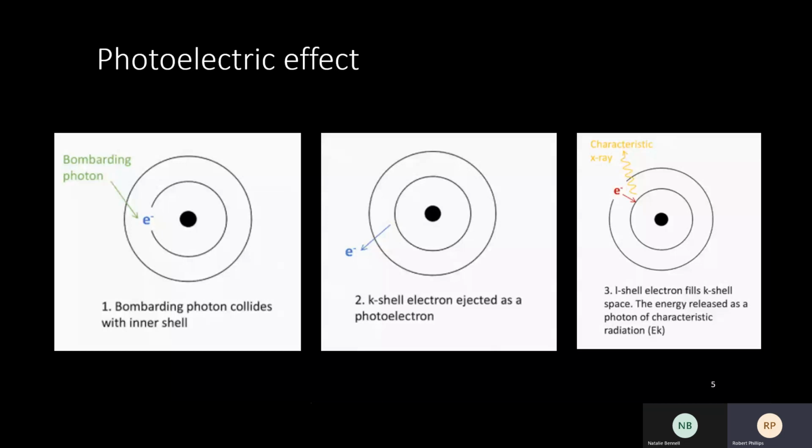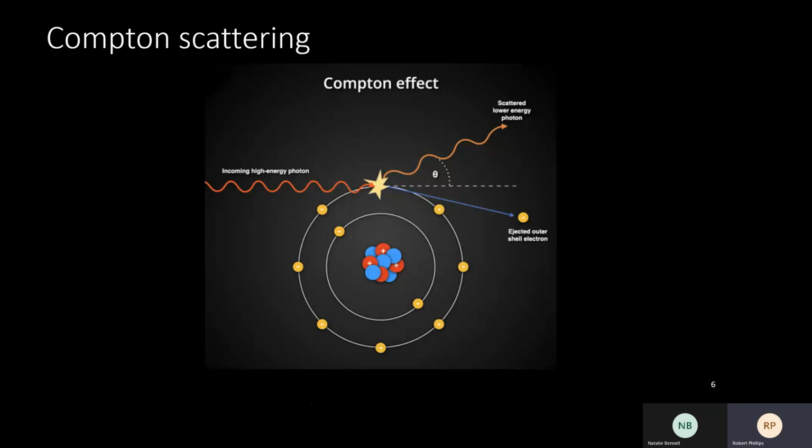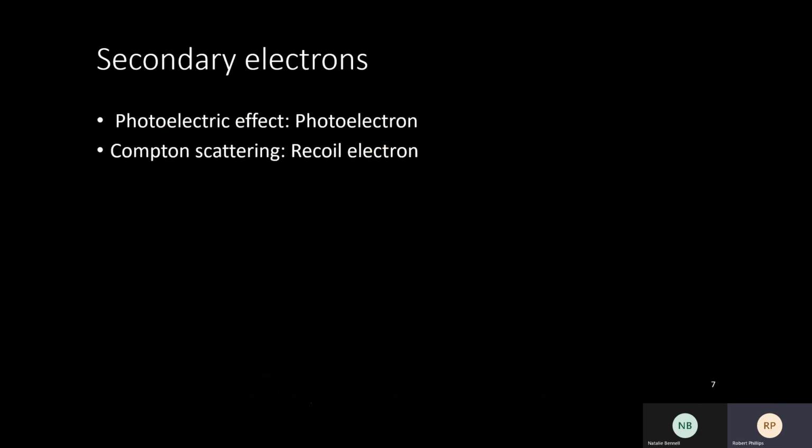The ejected electron is called photoelectron. Whereas in Compton scattering, the X-ray photon interacts with an outer shell electron and gets deflected. The ejected electron is called recoil electron.